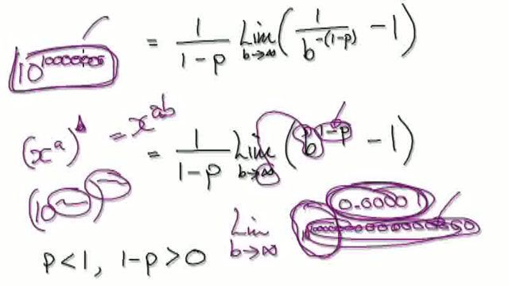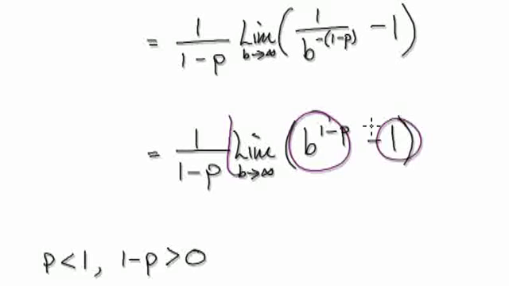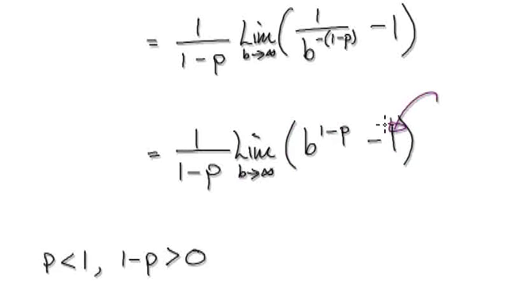This thing here is already a very, very big number. So the point is that as b heads towards infinity, this thing is just going to get very, very big. This thing here will diverge basically. Take away 1. This is irrelevant because this is going to be very, very big.